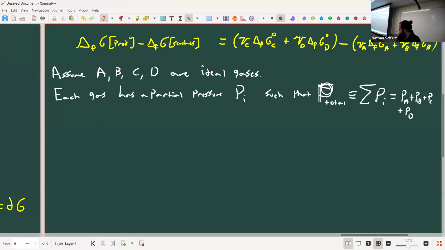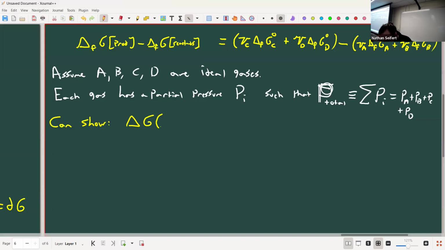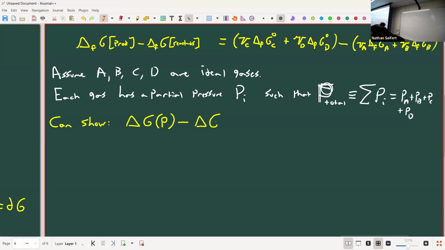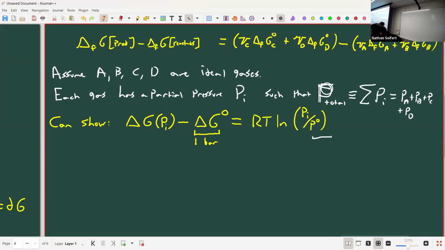We haven't derived this equation yet, but what we can show is that as a function of pressure, the difference between the delta G at standard conditions and the delta G at some other pressure, let's say P sub i, and of course the standard is assumed to be 1 bar, so maybe your gas is less than 1 bar, this difference is equal to RT logarithm of the partial pressure divided by the standard pressure, which is typically determined to be 1 bar.